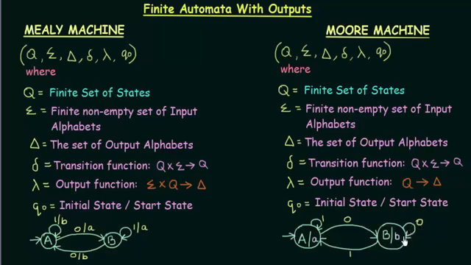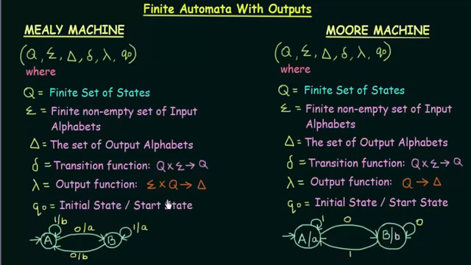B, on getting input 0, stays in itself producing output small b, and B, on getting input 1, goes to state A producing output small a. So here we see that these outputs are dependent only on the states. Okay, it is defined by the states.